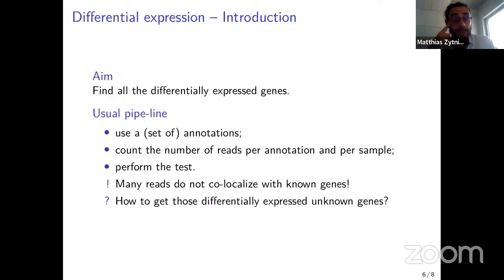But the thing is that, and I guess this happened to all of you, you get a lot of reads which do not co-localize with anything which is known. What you would like to consider is what these differentially expressed things are, even if you don't exactly know what they are. You just want to look for everything which is differentially expressed, whether or not it co-localizes with something which is annotated or known.